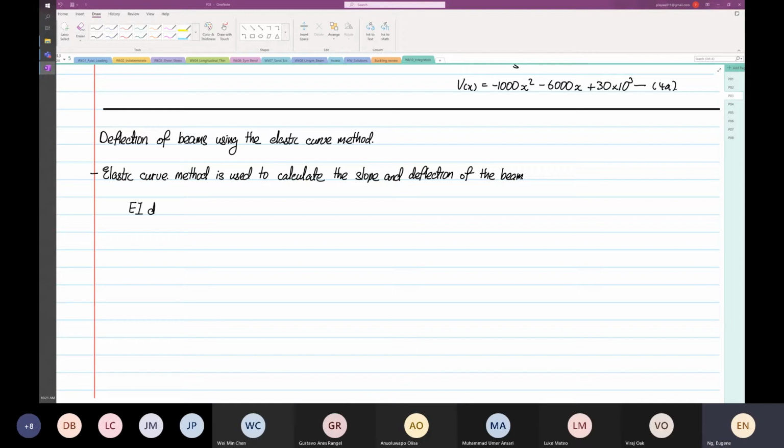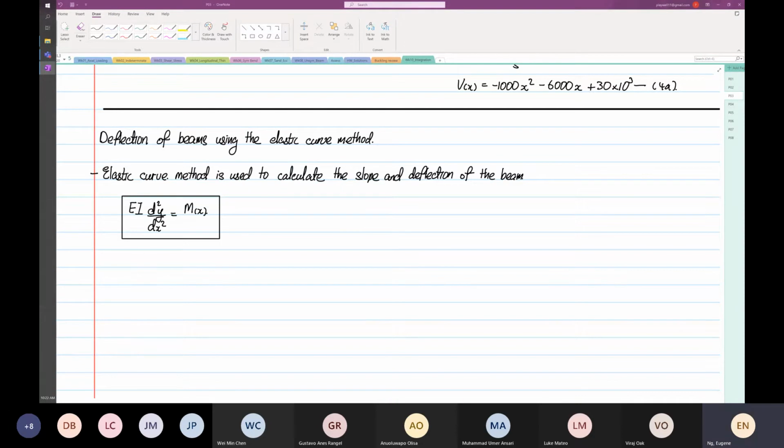So E times I multiplied by d squared y over dx squared is equal to the moment as a function of x. Again, what is observed here is the moment as a function of x.